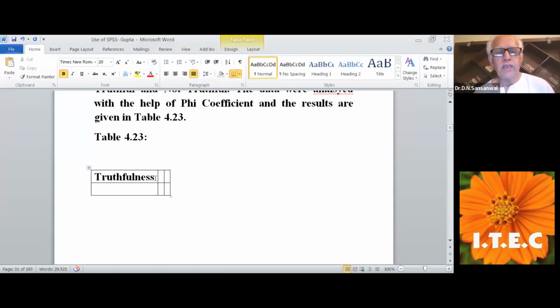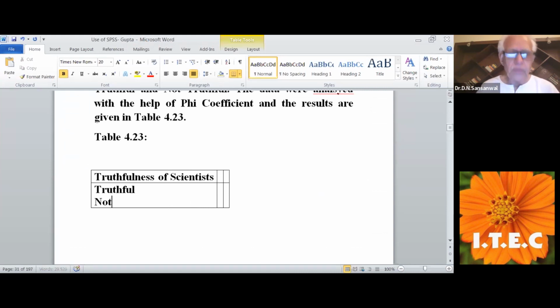So this is the truthfulness of scientist, it is truthful, it is not truthful. And this is truthfulness of the politician.